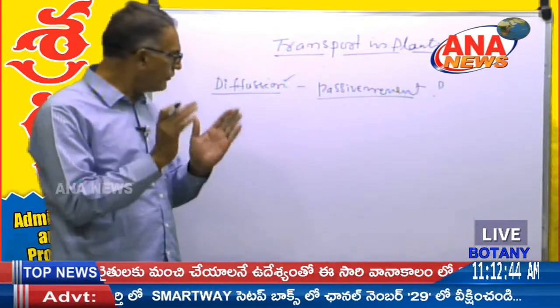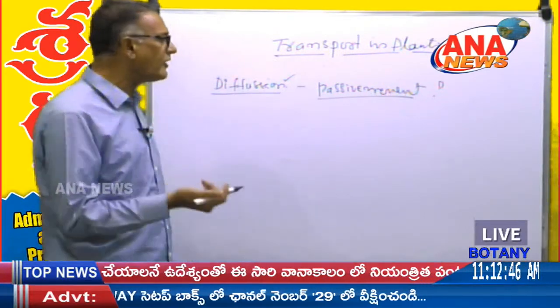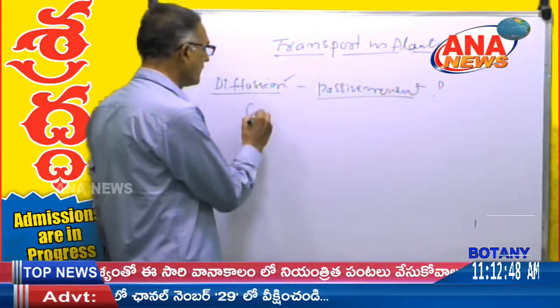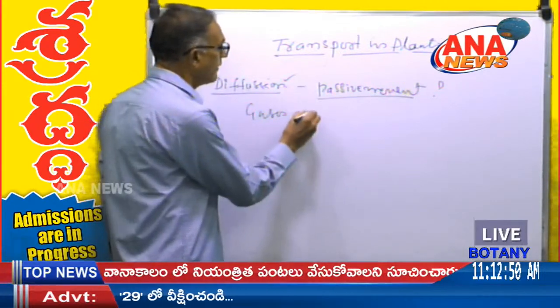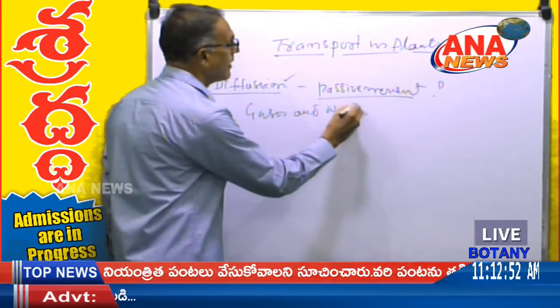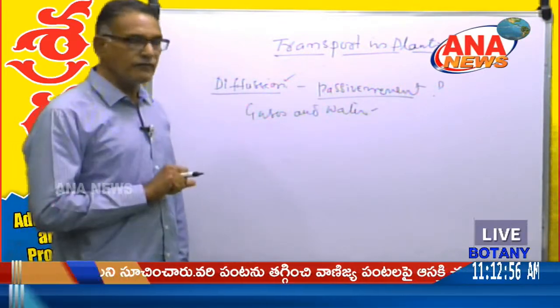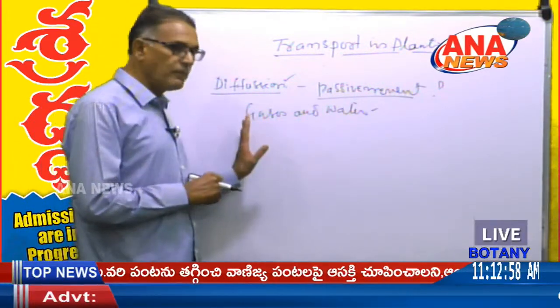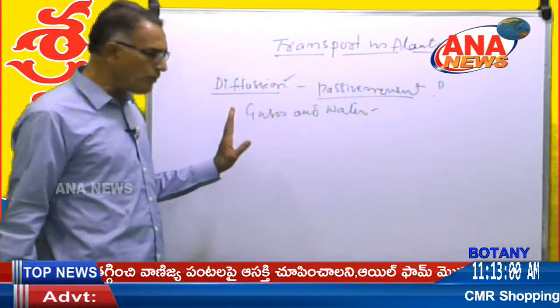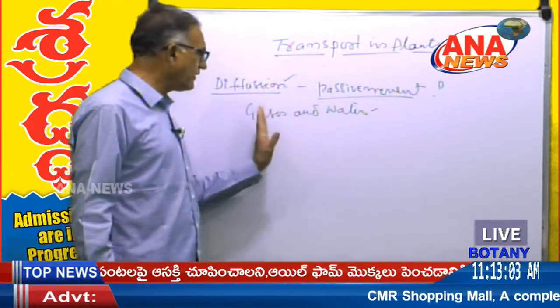Diffusion is very obvious for the movement of gases and water in the plant. The process of diffusion is very essential in plants, because of the movement of gases and water.